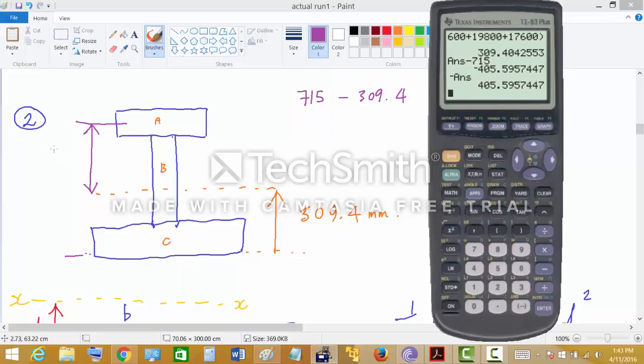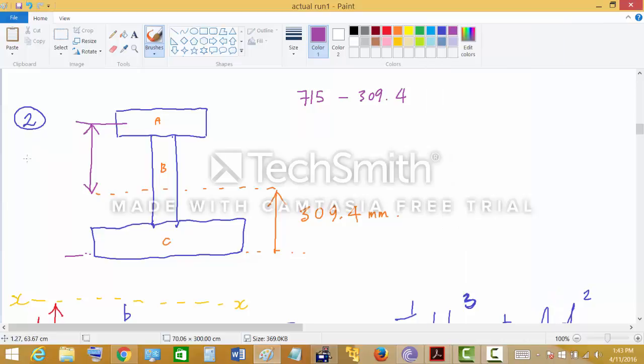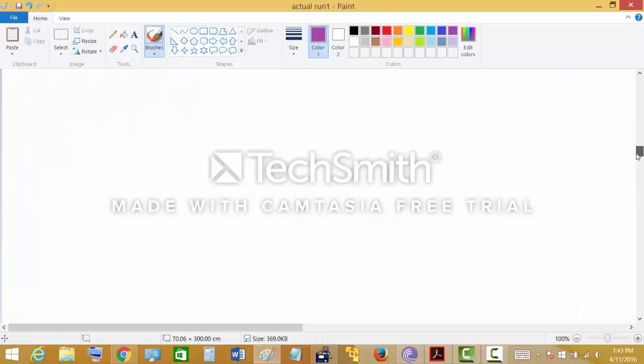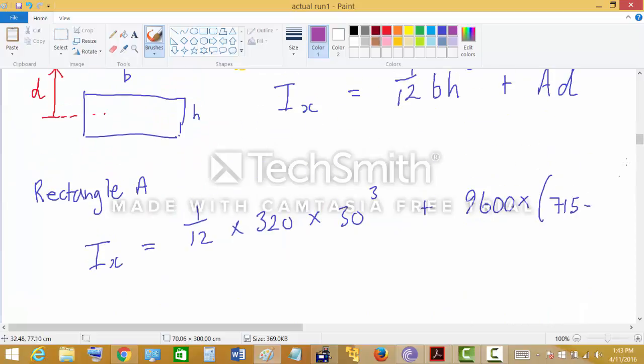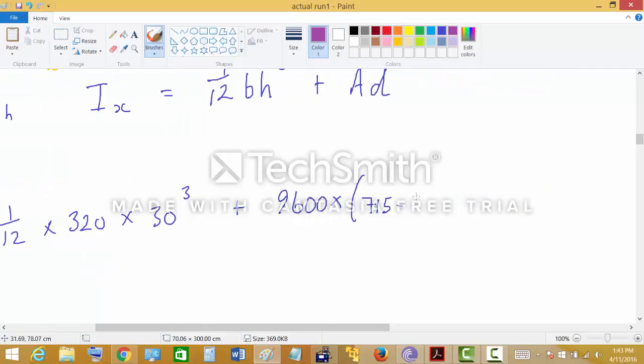Alright. 405.6 millimeters. Right, so it is 309.4. That makes 405.